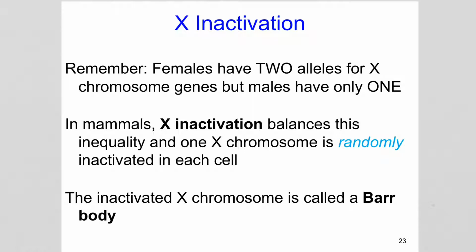This sets the stage for some inequality with regard to the total number of allele copies. Females would have twice as many as men. To balance this inequality in mammals, X inactivation plays a role, and it does exactly what it sounds like. One X chromosome is randomly inactivated in each cell. Because of that random nature, the X inherited from the mother or the X inherited from the father can be inactivated.